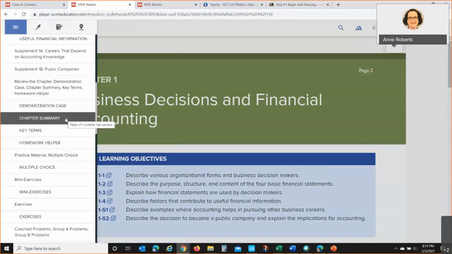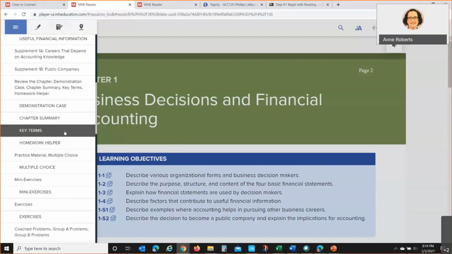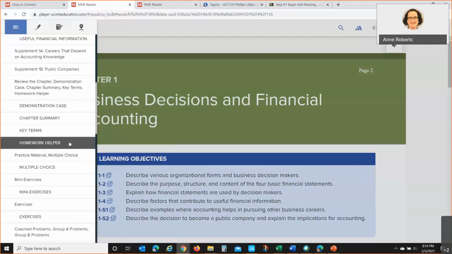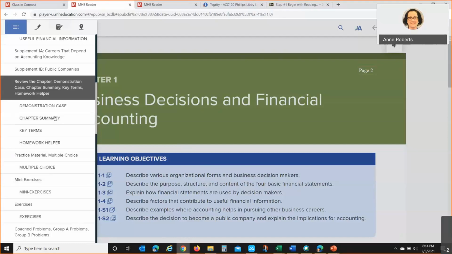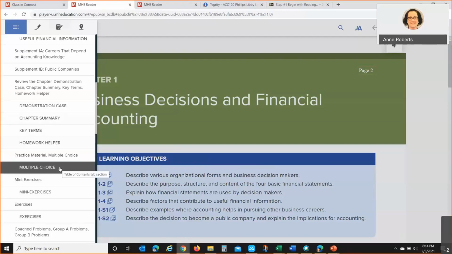There's a chapter summary, there's key terms. There's a homework helper that basically says here are the most common mistakes being made. And then there's a little multiple choice quiz. That would be a nice thing to maybe spend 15 or 20 minutes on in each chapter, and then open up that exam and go.